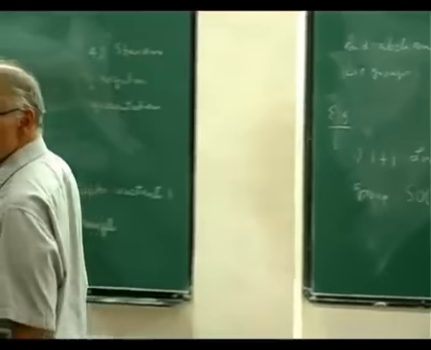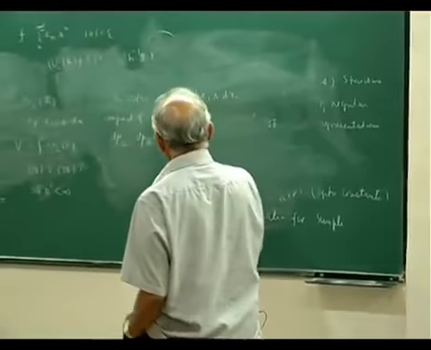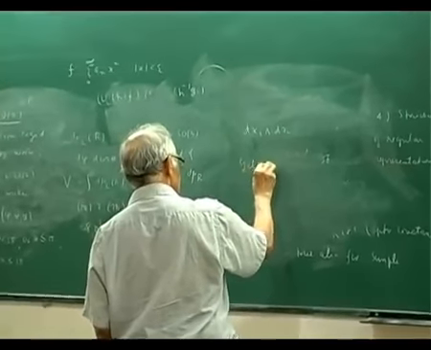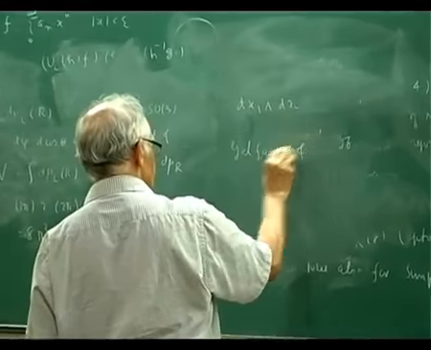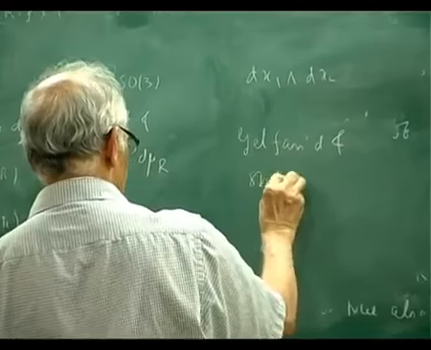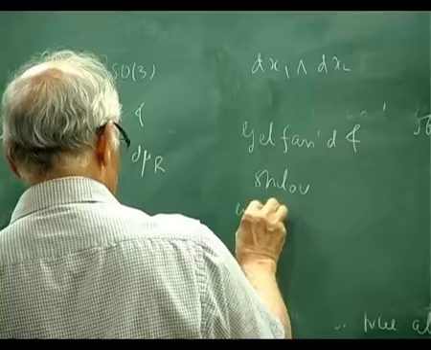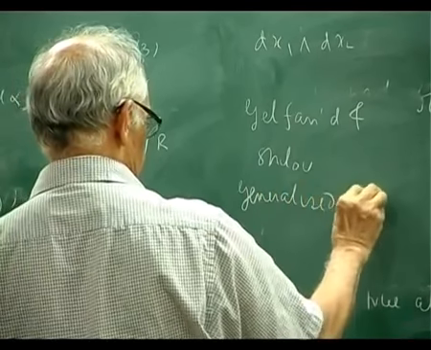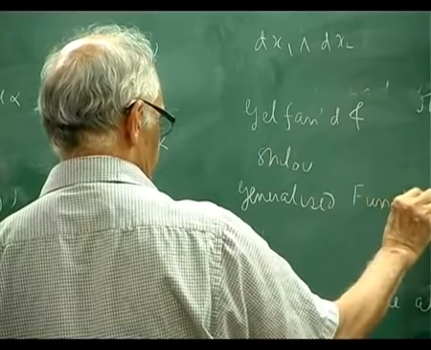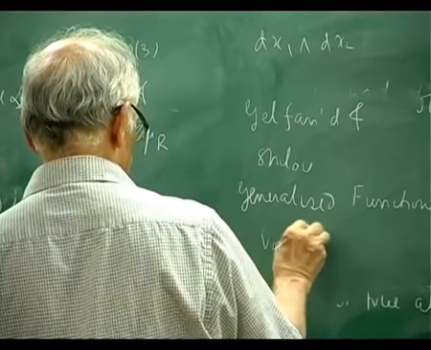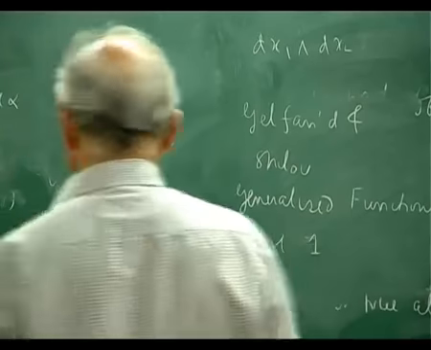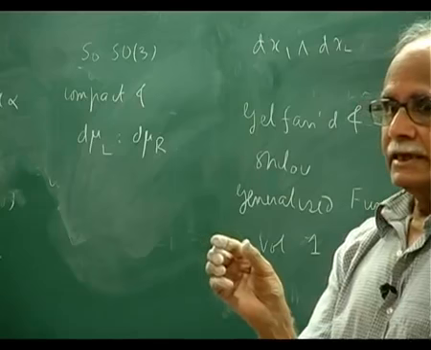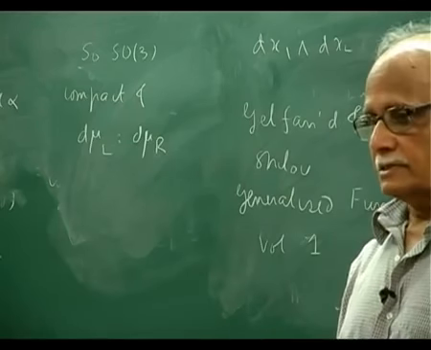If you want a very rapid treatment, you can look in the first volume of Gelfand and Shilov, Generalized Functions, Volume 1. There is a very short section on how to manipulate differential forms.